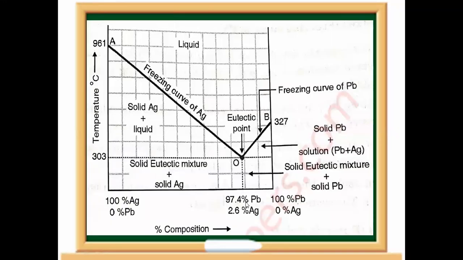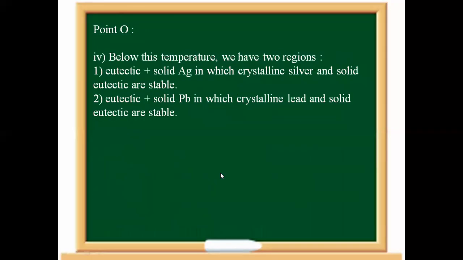Freeze हो गया. So over here at point O, there are 3 phases where the degree of freedom is 0. 0 signifies that the composition formed over here of lead and silver is fixed, where it is 97.4% lead and 2.6% silver. This composition, we call it as eutectic composition, which is happening at point O.